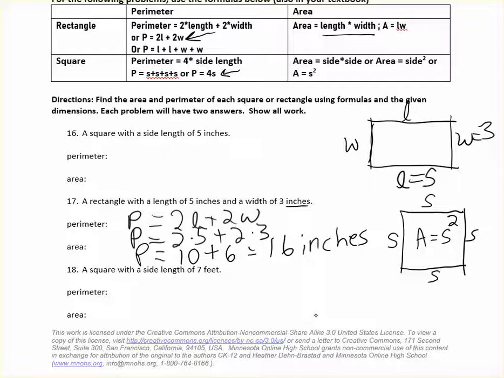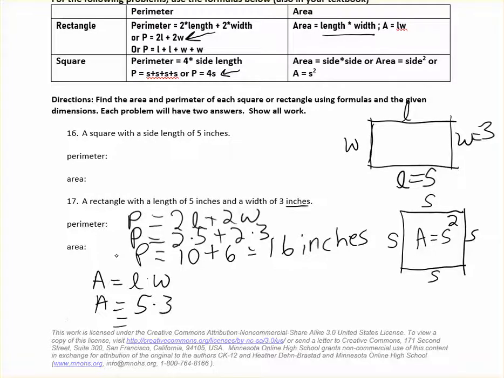To find the area for number 17, let me move this down a little bit. To find the area, we would use the formula that says it is equal to the length times the width. So we replace L again with 5 and width W with 3, and we multiply and we would get 15.